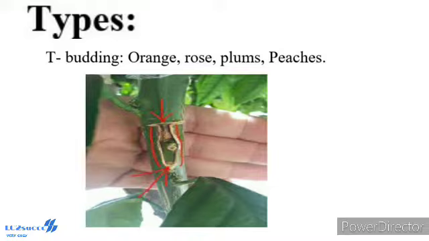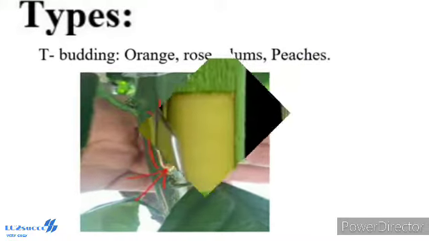The scion bud is removed in the form of a shield. The bark is raised and the scion bud is inserted into the cut surface of the stalk and bandaged. The scion bud is allowed to grow. Example, orange, rose, plums and peaches.